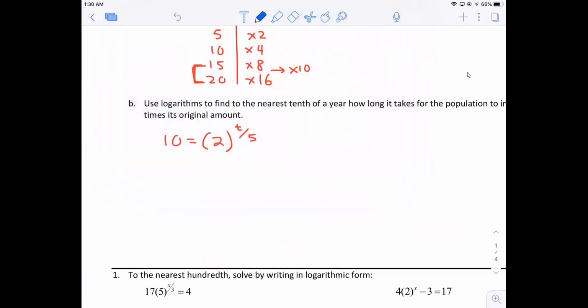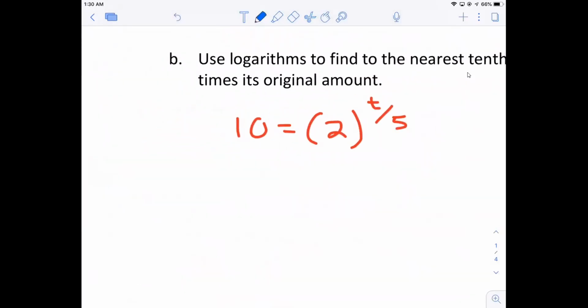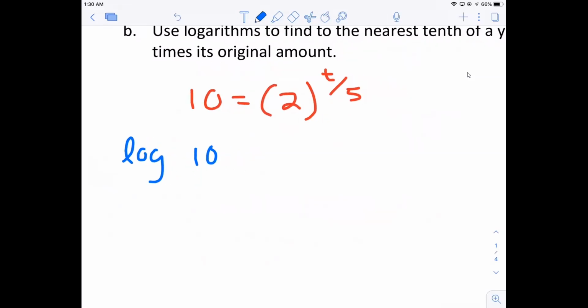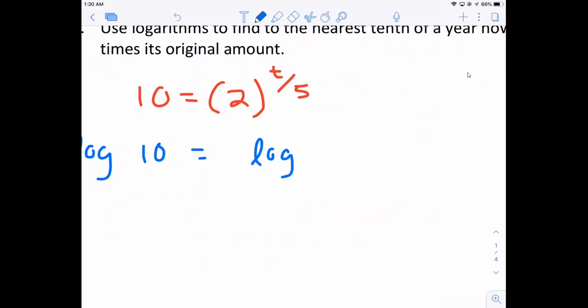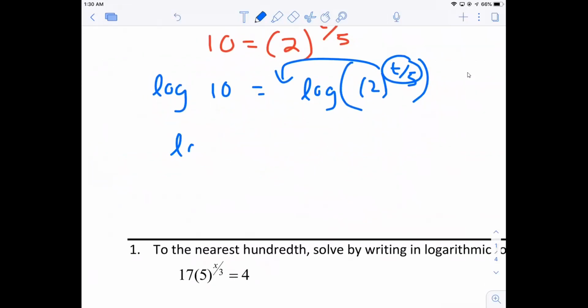All right, so there's the equation we found earlier. So to solve this log equation and get to the nearest 10th of a year, using our log rules, we can take the log of both sides. So log of 10 equals log of 2 to the t over 5, right? So using log rules, I can bring that t over 5 to the front. And I get log 10 equals t over 5 times log of 2.